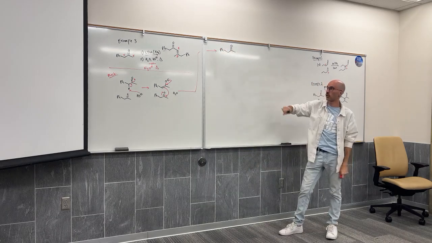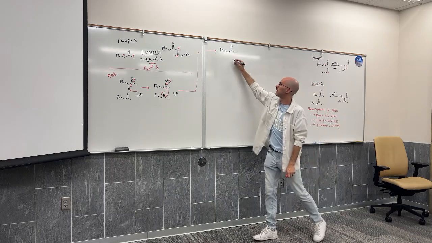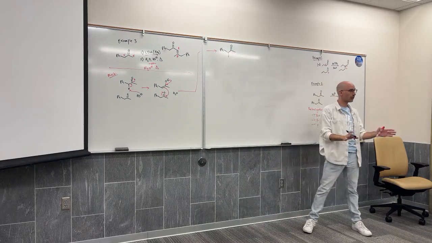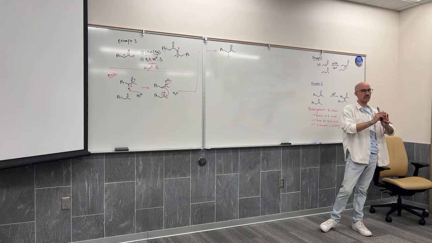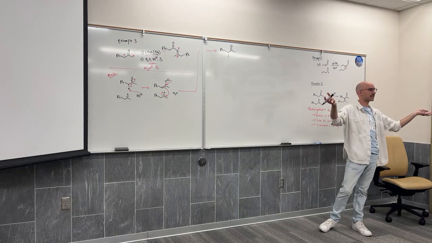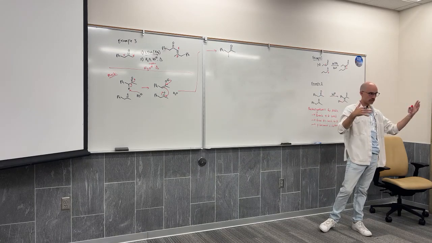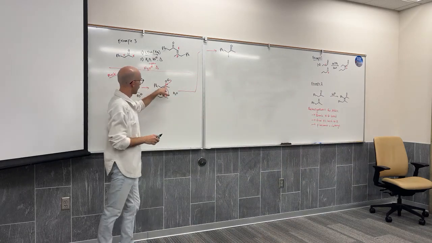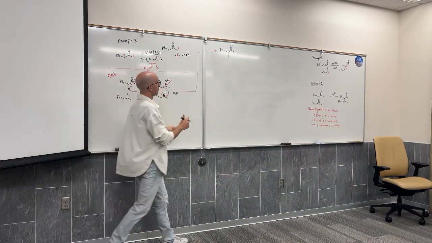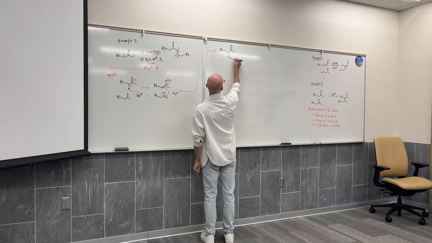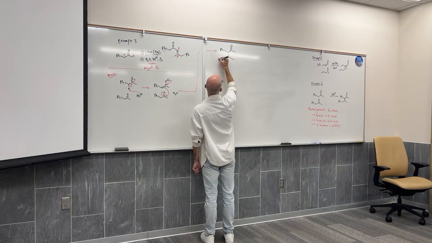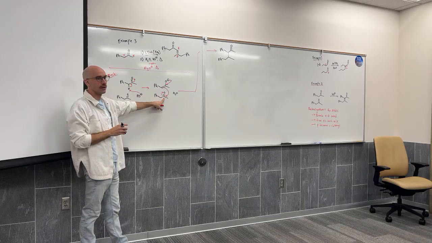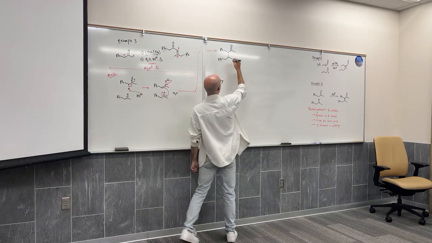I've got my carbonyl, which has just reformed. Alpha is forming a new bond. If it helps you, just elongate these bonds, exaggerate them so that you can connect them in a way that makes sense. Alpha attacks beta. Beta has methyl, CH2 phenyl, and now the beta carbon also has O minus.